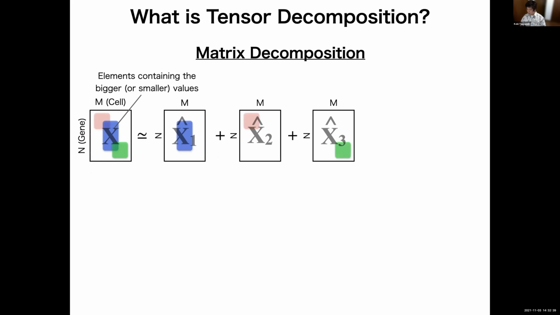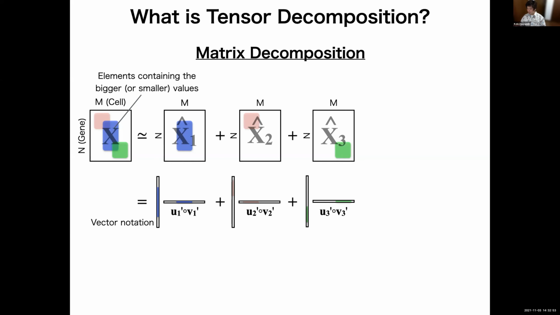In matrix decomposition algorithm, this matrix is approximated by a small number of patterns, such as x1, x2, and x3. Each pattern can be represented by the outer product of two vectors like this. The first row vector has larger or smaller values here, and these are originated from this blue block. Likewise, the first column vector has larger or smaller values here, and these are originated from this blue block.